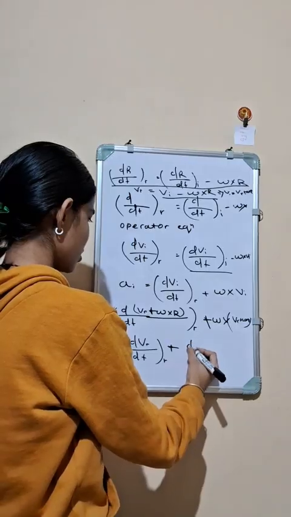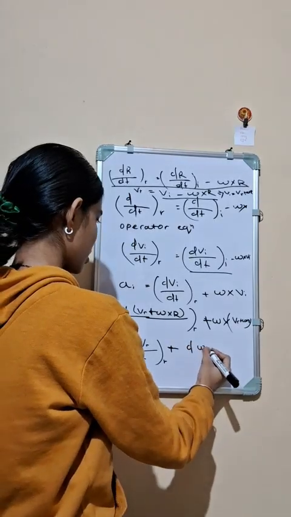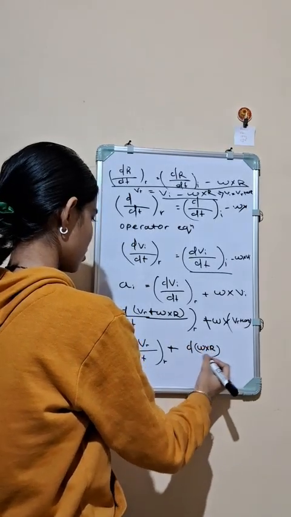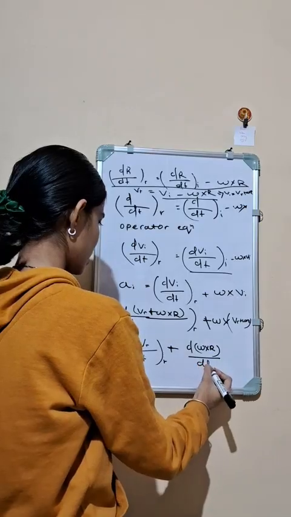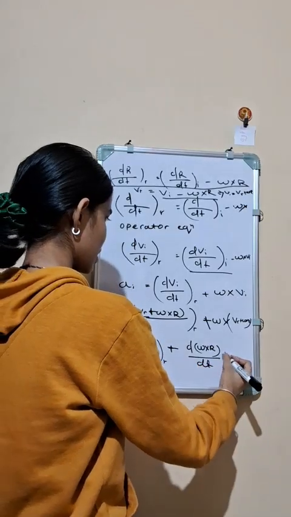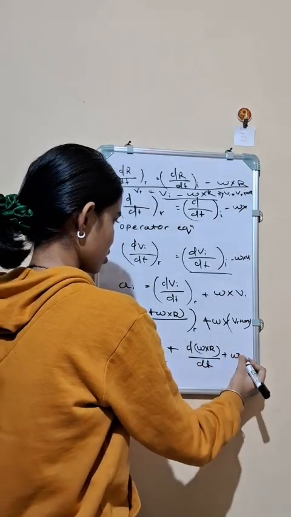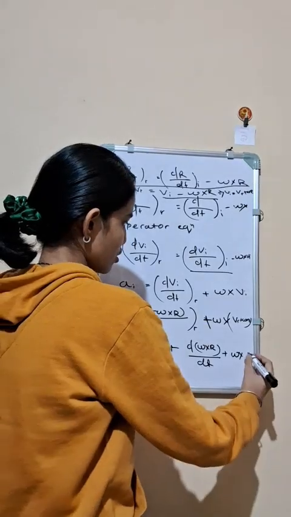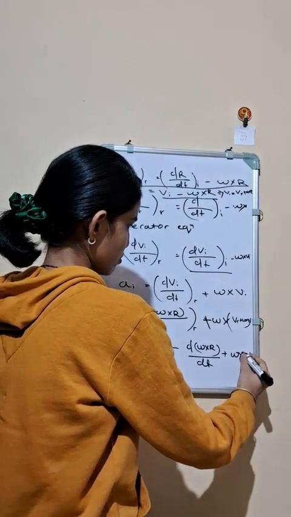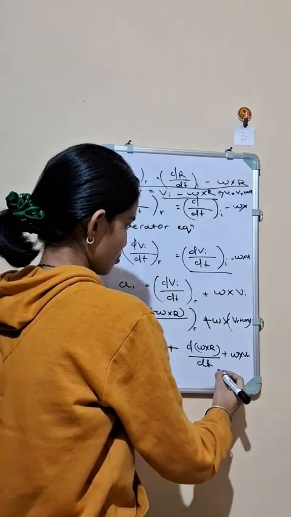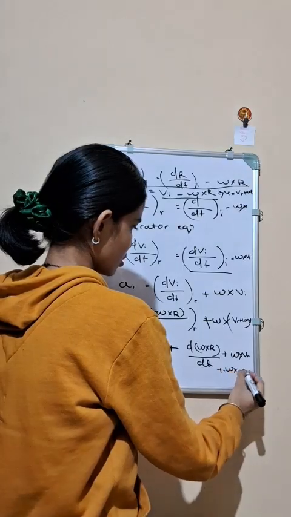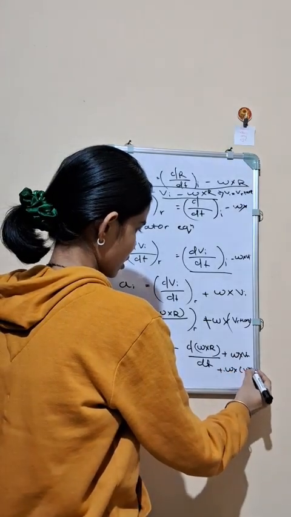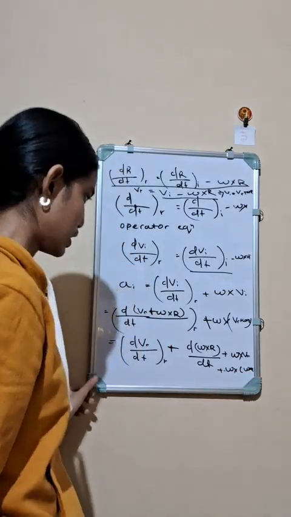So here d of omega cross r by dt, plus omega cross vr plus omega cross r, right?